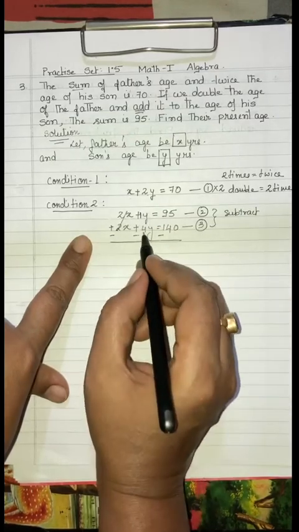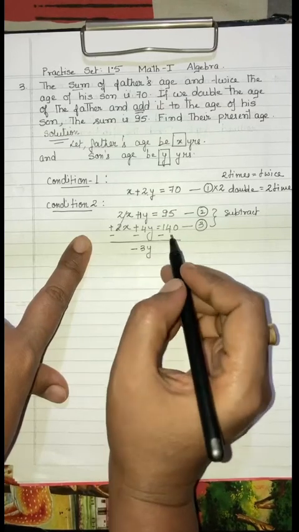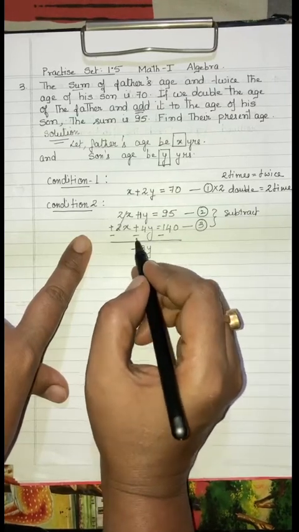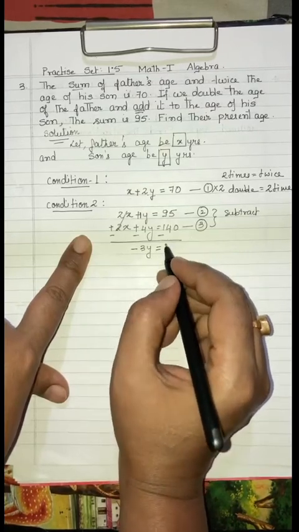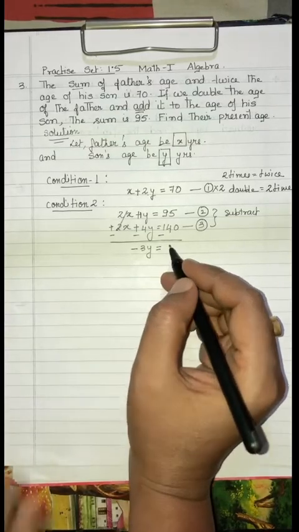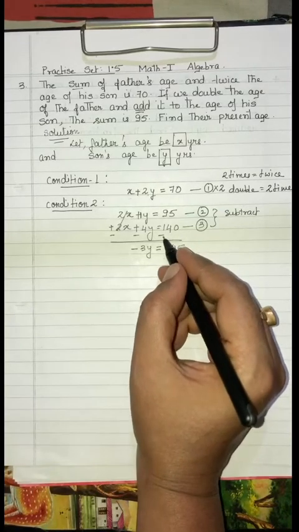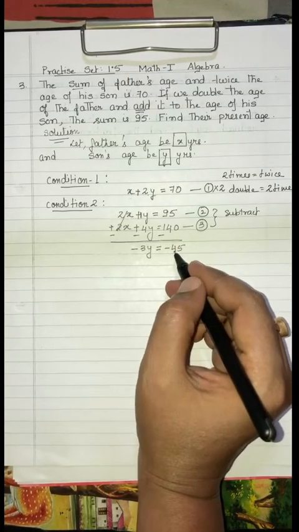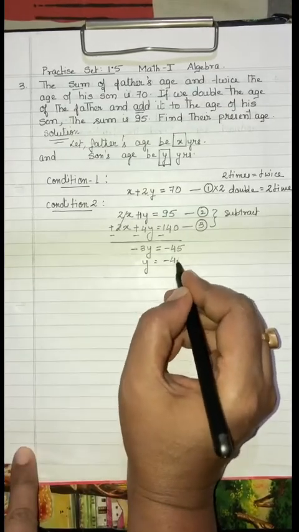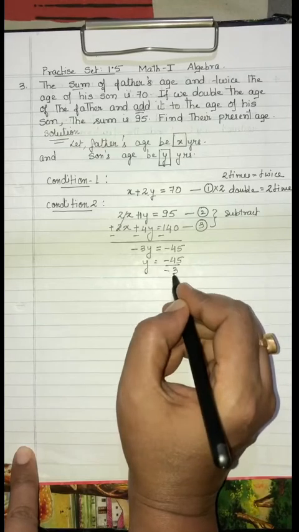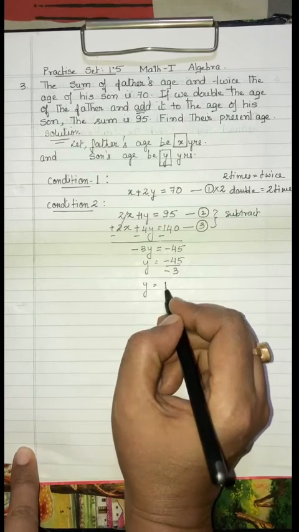So plus 1 minus 4 gives you minus 3y. Why? Because the bigger number is having a minus sign, so the answer will have a minus sign. And 95 minus 140 will give you minus 45, as the bigger number is having a minus sign, so the answer will also have a minus sign. So y is equal to minus 45 upon minus 3, or y is equal to 15.